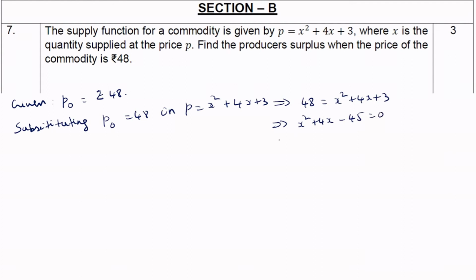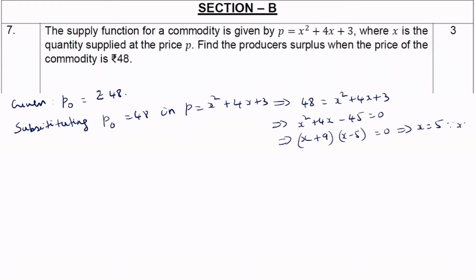So this is a quadratic equation in x. We can solve this equation. We get x plus 9 into x minus 5 equal to 0. This implies x is equal to 5. Since we cannot have x equal to minus 9, because x is the level of output or the quantity supplied, it cannot be negative.